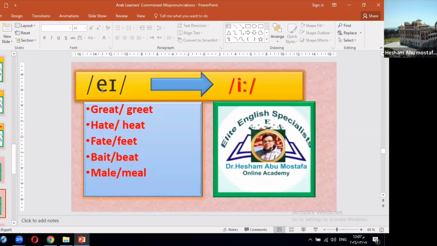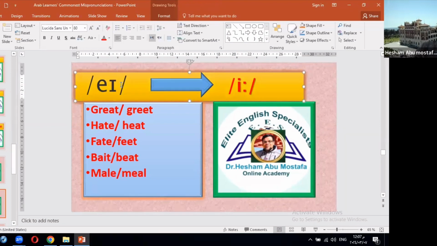This is a problem of what's called monophthongization. Monophthongization means that you change a diphthong into a monophthong. Actually, many students change a into the long vowel e. So this is a long vowel.